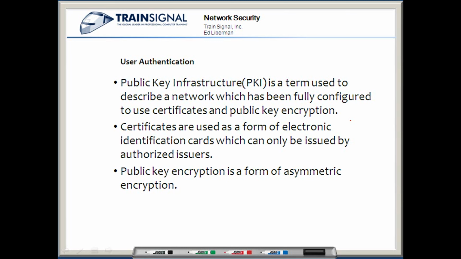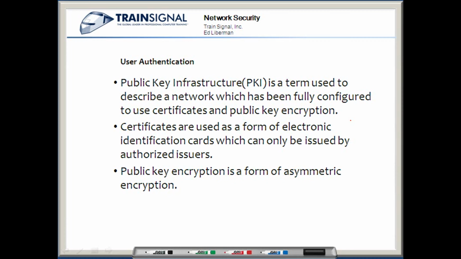It's where we have many different devices which have all been configured to use certificates and public key encryption for the security. So just so as to not be confused between public key infrastructure and public key encryption, we'll talk about public key encryption in just a moment, but the infrastructure itself is the whole bigger concept of setting up an entire infrastructure of security.